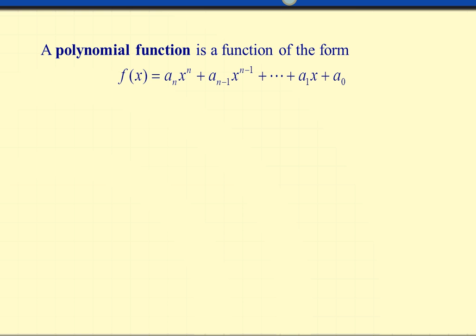A polynomial function, as you can see here, is a function of the form f of x is equal to a sub n, which just represents a constant number. In this case, it's the coefficient of x to the nth power.